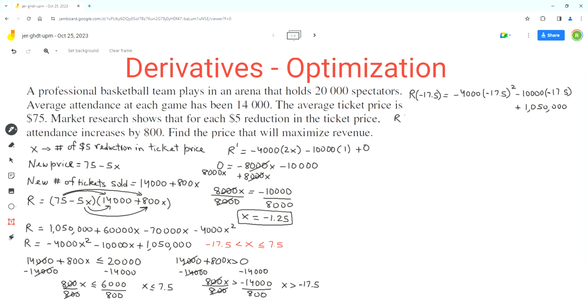Now we can evaluate these terms. So revenue at x equals negative 17.5 equals, first we do negative 4,000 times negative 17.5 squared. So I got negative 1,225,000, and now plus negative 10,000 times negative 17.5, and that will become positive, so 175,000.